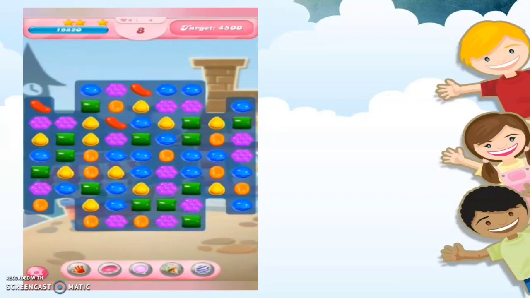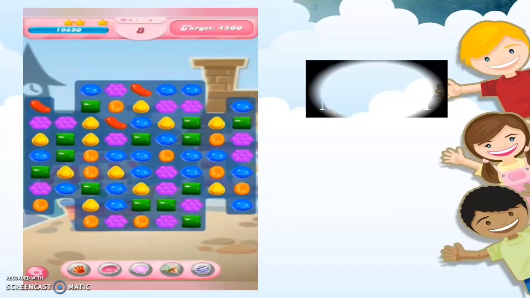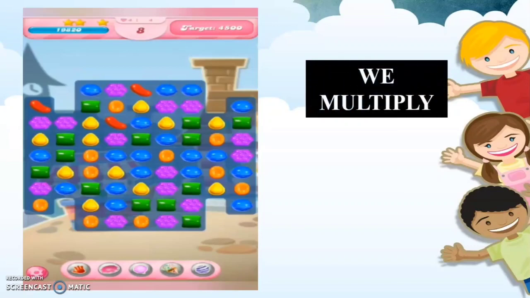Students, what did you all observe? Yes, many of you are thinking right. The video was based on a very well-known game, Candy Crush, that you all love to play, right? In that video, we observed that same color candies multiply together and we get a bigger version of the candy.